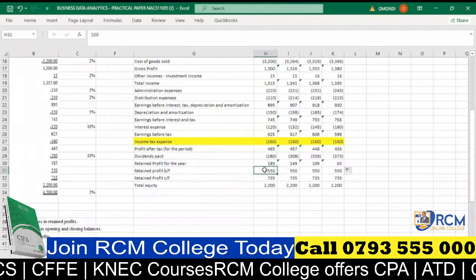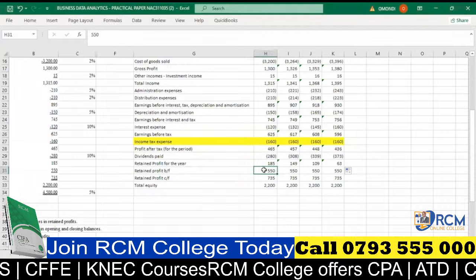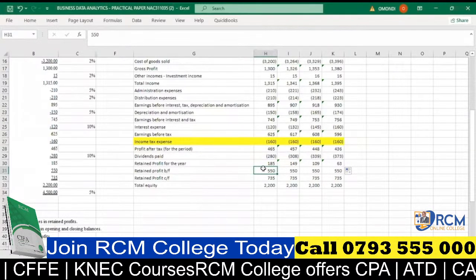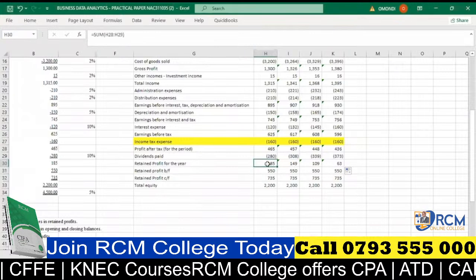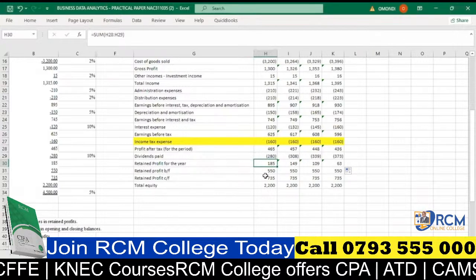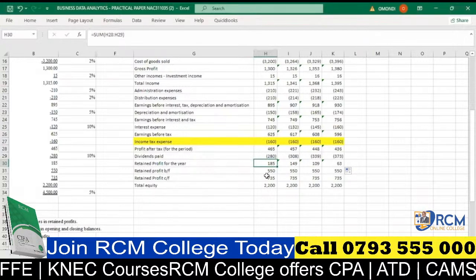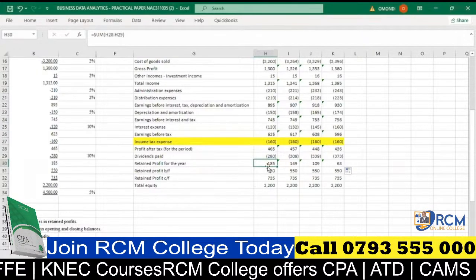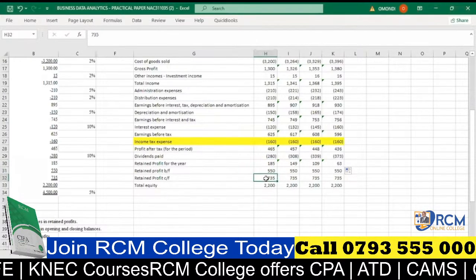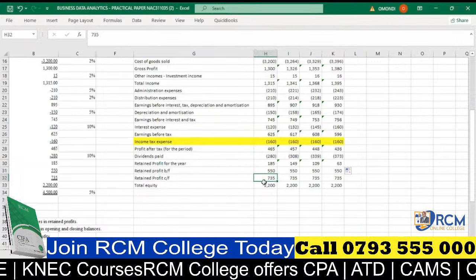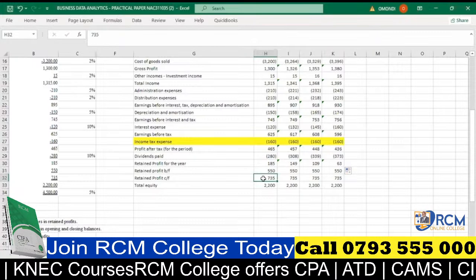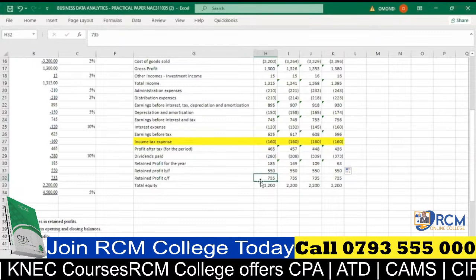So the retained profit brought down from 2021, you add to the retained profit for the year to give you retained profit carried forward, or retained earnings carried down. If you add these two, you are supposed to get 735. And that is the 735 we see here. So shareholders equity.